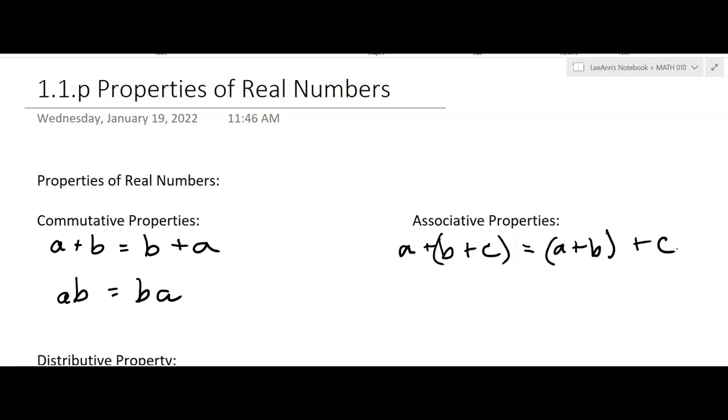So we say it's an associative property. It doesn't matter if you've got a string of addition, it doesn't matter which two you add together first. For multiplication, it looks like this. So you could multiply the b and c and then times the a, or you could multiply a and b and then times the c.